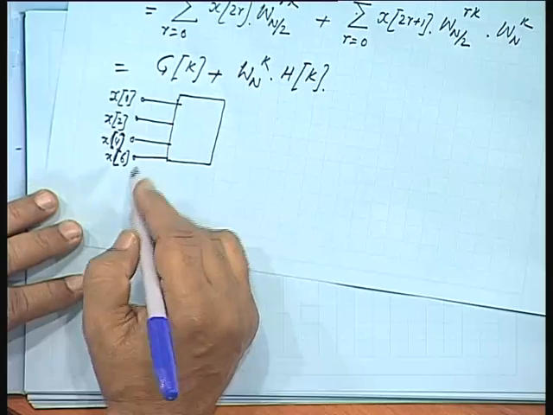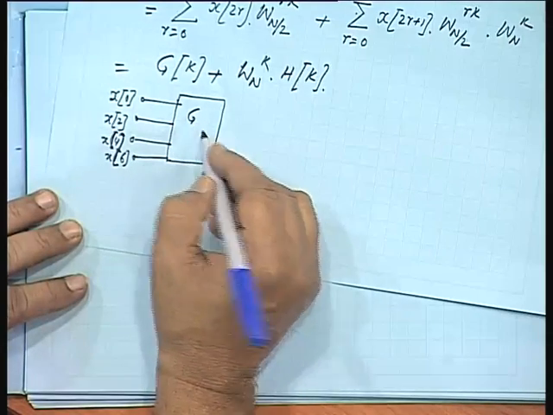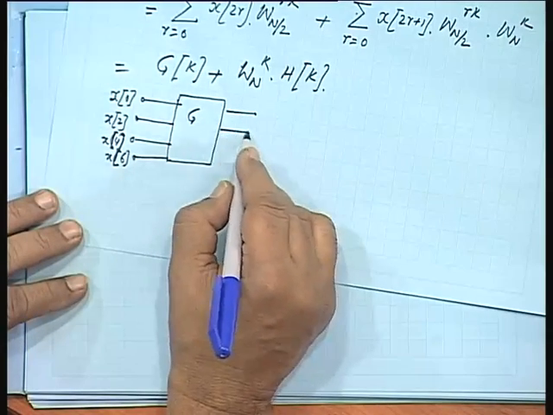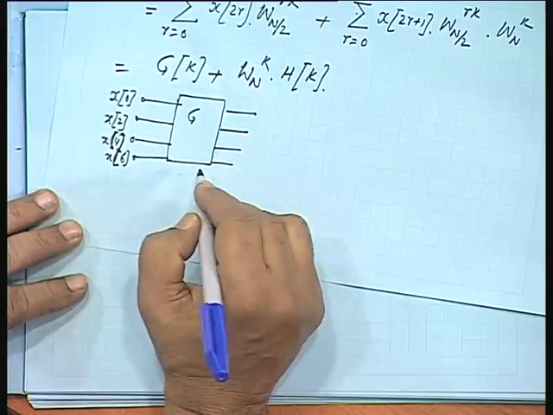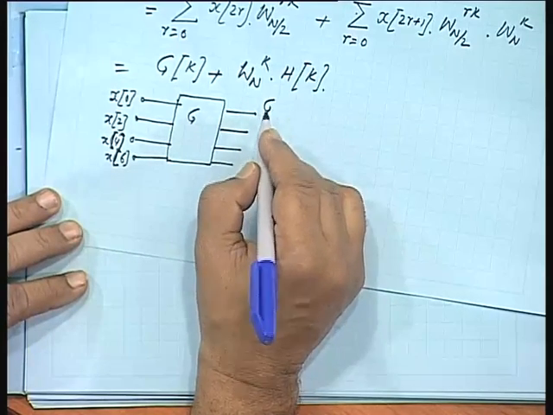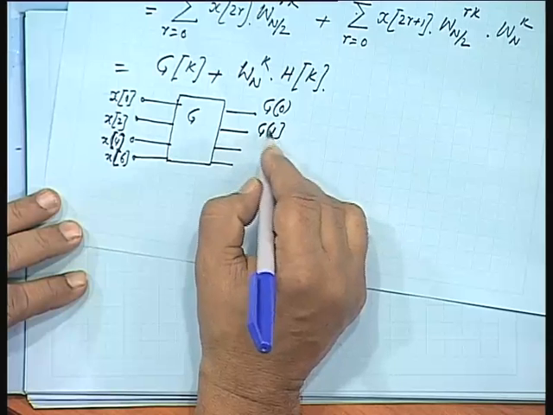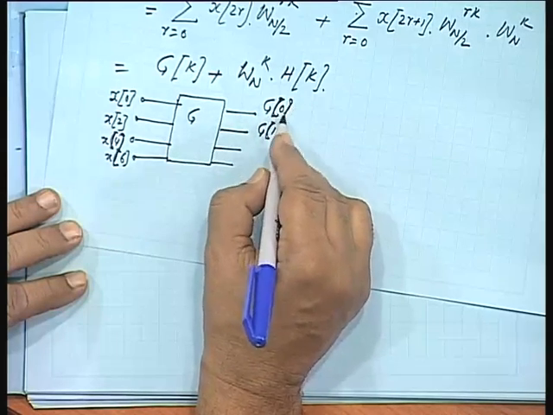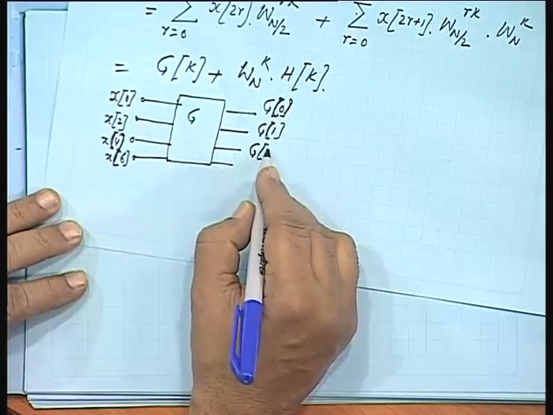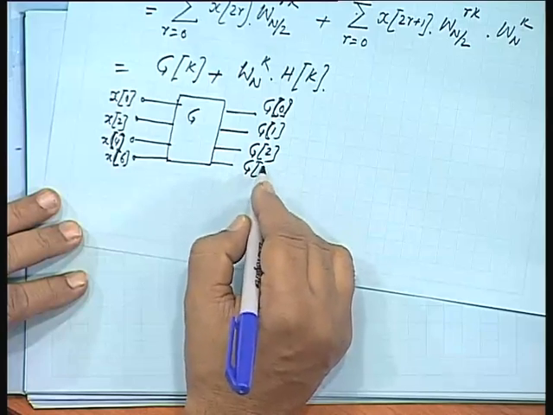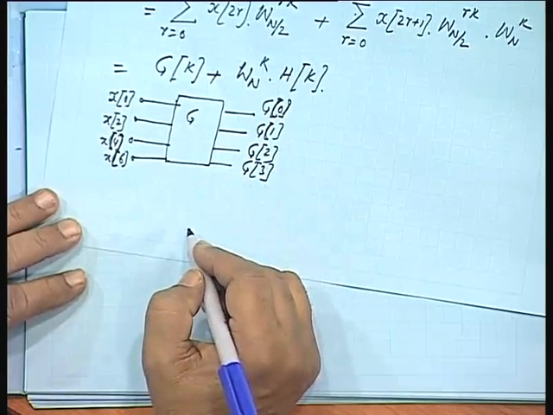These are the 4 points that will generate G, and I get output as G0, G1, G2 and G3.